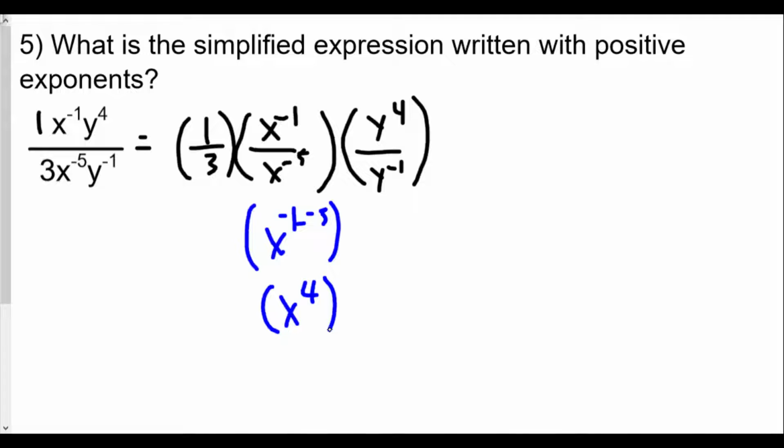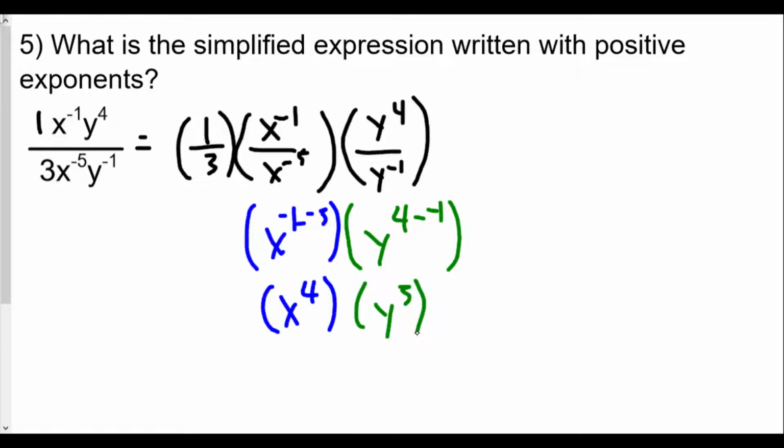The next thing is the y. For the y, again, we divide two numbers with the same base, we keep the base, y, and we subtract the exponent in the numerator minus the exponent in the denominator. And so 4 minus negative 1 is y to the fifth.